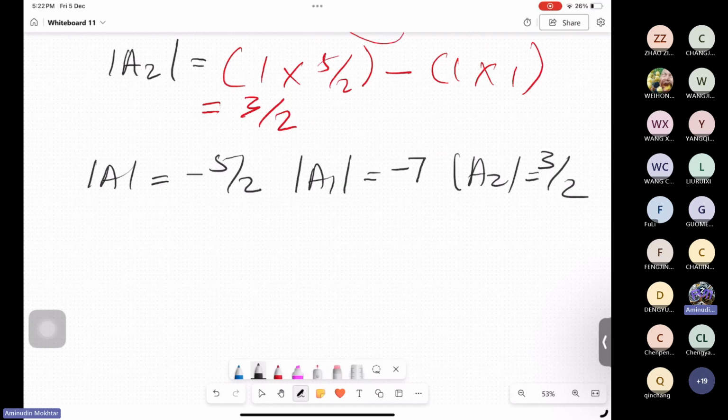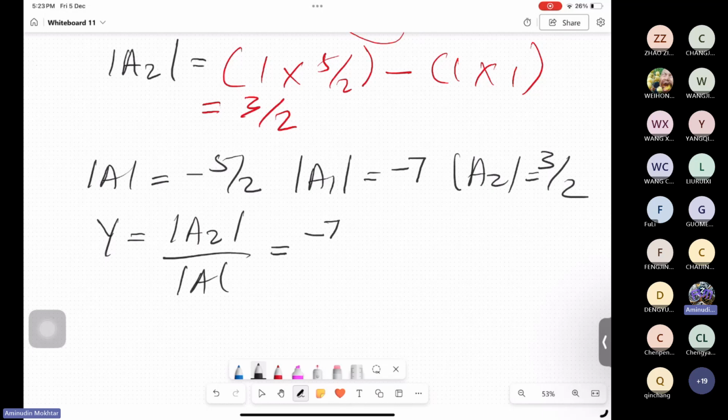If the question asks you to apply Cramer's rule to a system of equations, you need to find these three determinants first: A, A1, and A2. Because based on this rule, the first variable y equals the determinant of A2 divided by the determinant of A.